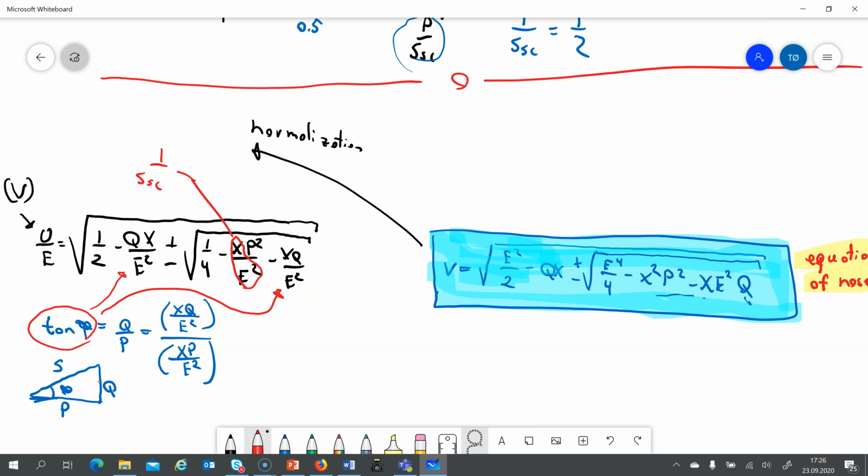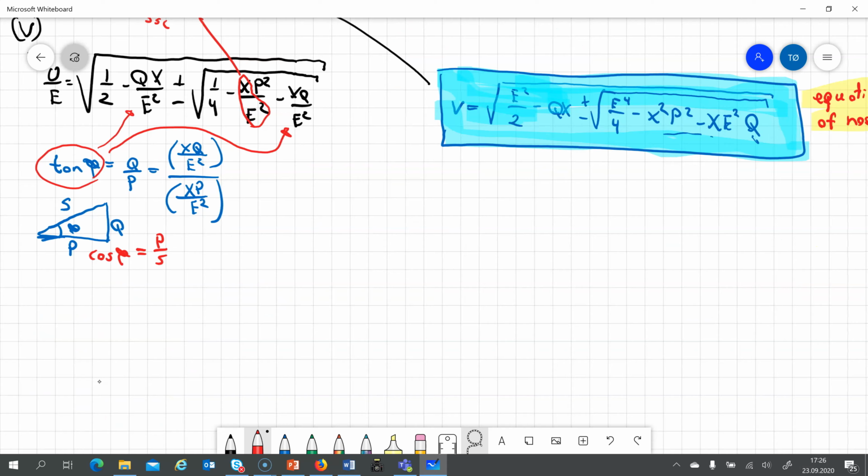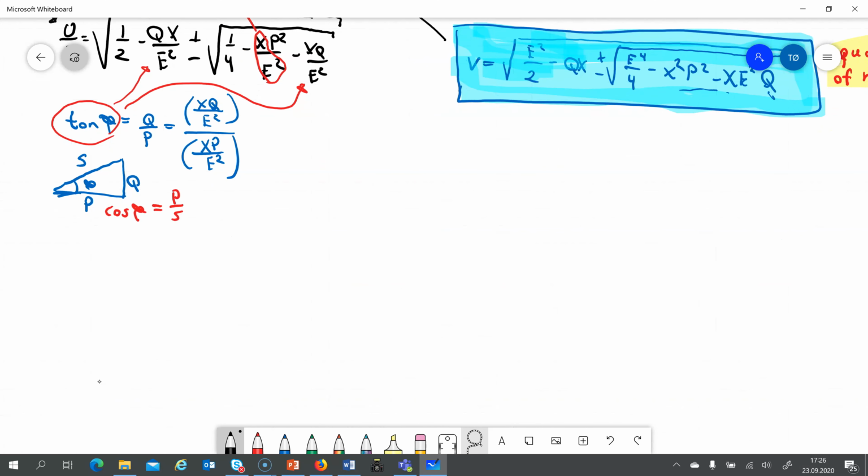And if you do that, and also remember that cos phi is P divided by S, that's the power factor. Okay, let's have the general equation, and it becomes like this.